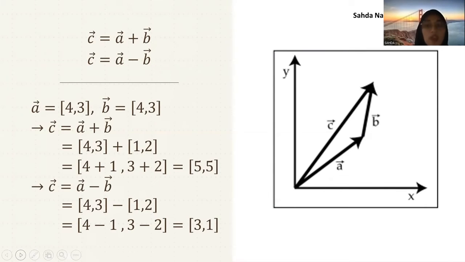That is to say, we add the x components together and then separately we add the y components together. For example, if vector A is (4, 3) and vector B is (1, 2).